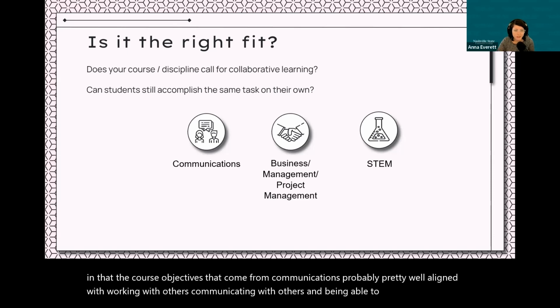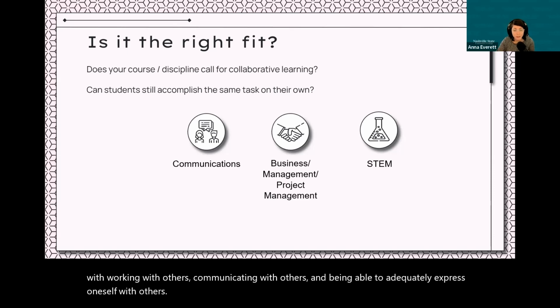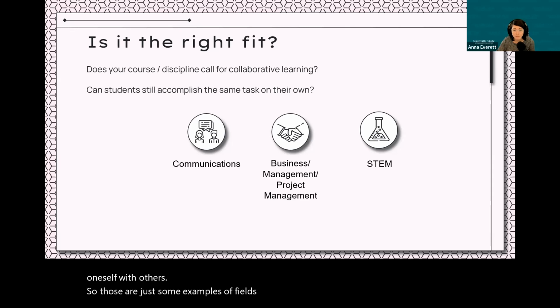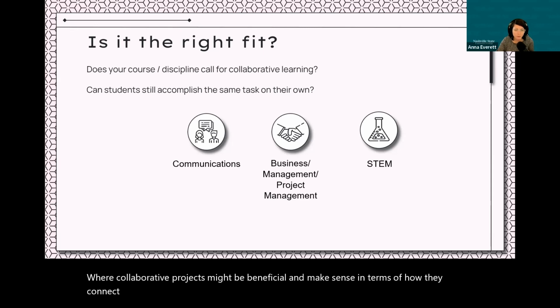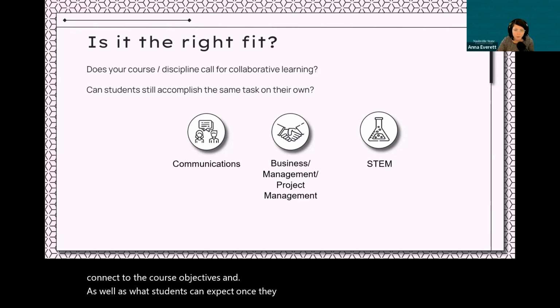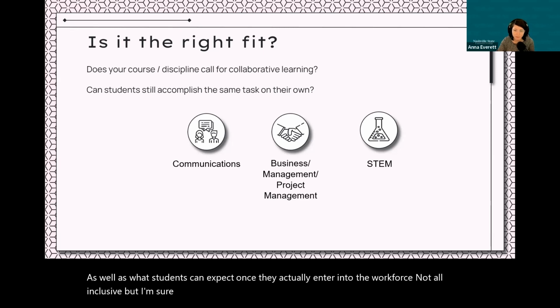So those are just some examples of fields where collaborative projects might be beneficial and make sense in terms of how they connect to the course objectives, as well as what students can expect once they actually enter into the workforce. Not all inclusive. I'm sure there are also some other examples that others are sharing in the chat.